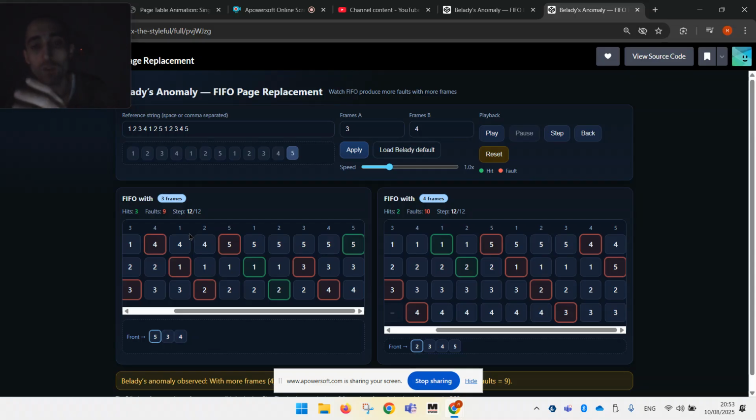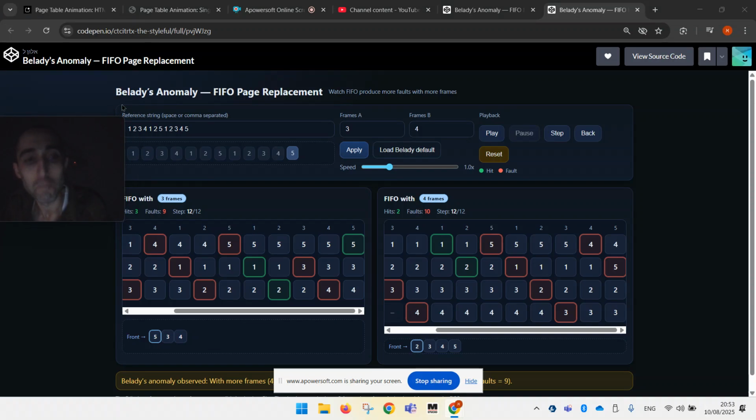We just want to show that it may happen, it may not happen, but it may happen. Sometimes along the way there were more faults here, but we organized it so that more faults happen in the bigger page, and it's very unique for FIFO. It's called, again, Belady's anomaly, and this is what we wanted to show.